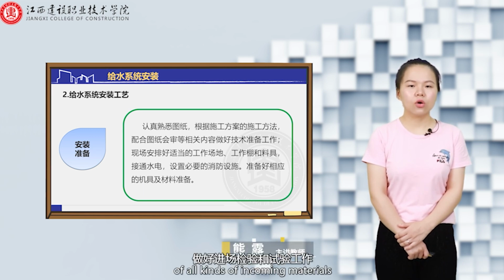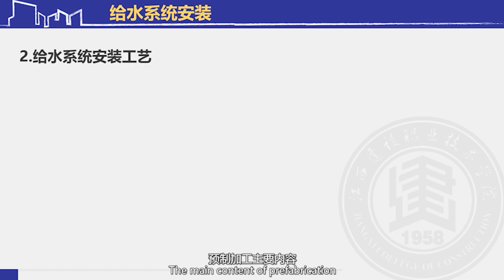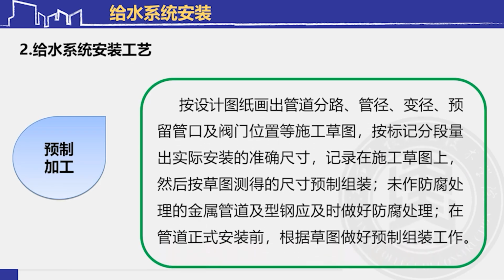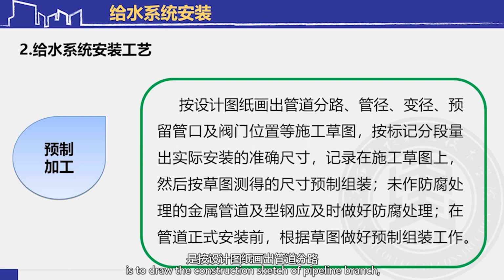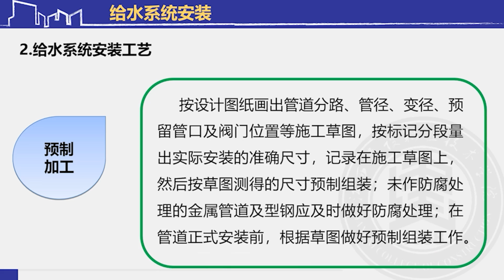The main content of prefabrication is to draw the construction sketch of pipeline branch, pipe diameter, diameter reduction, reserved pipe port and valve position, according to the design drawings.